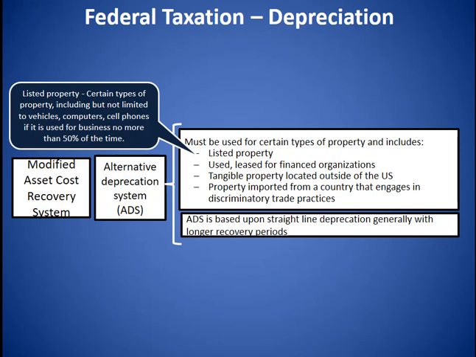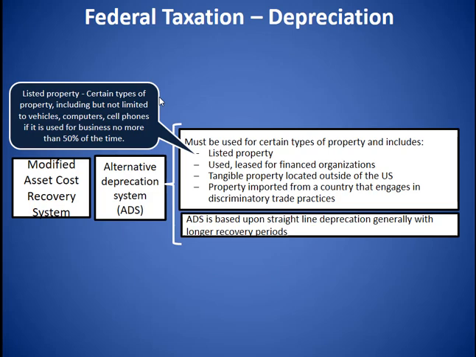This system, for all practical purposes, limits the amount of benefits that can be received from the MACRS system. It must be used for certain types of property, and it includes what we call listed property. Listed property means certain types of property that include, but are not limited to, vehicles, computers, and cell phones, if they're used for business no more than 50% of the time.